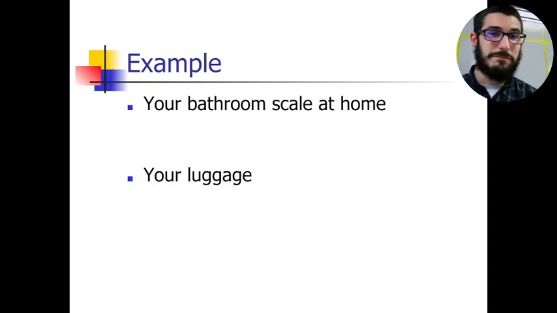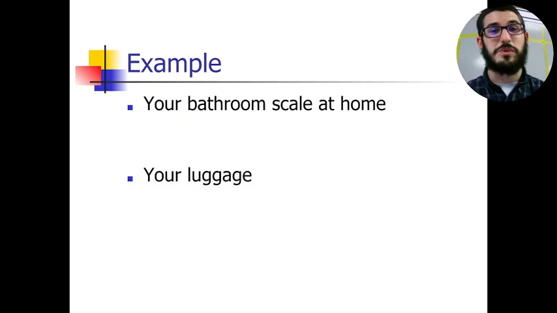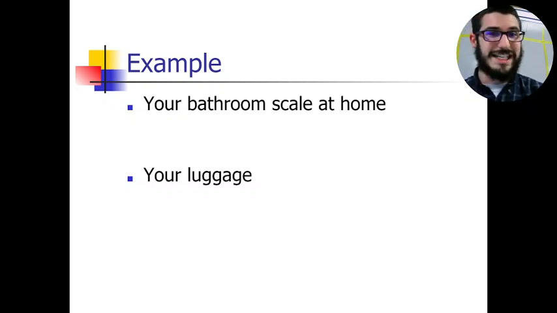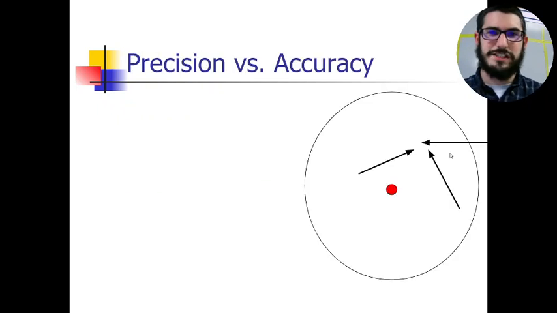So they need a much higher level of accuracy and precision with their measurements. That's why when you go to the airport, you see that the scale you're looking at is more precise. There are more decimal places.